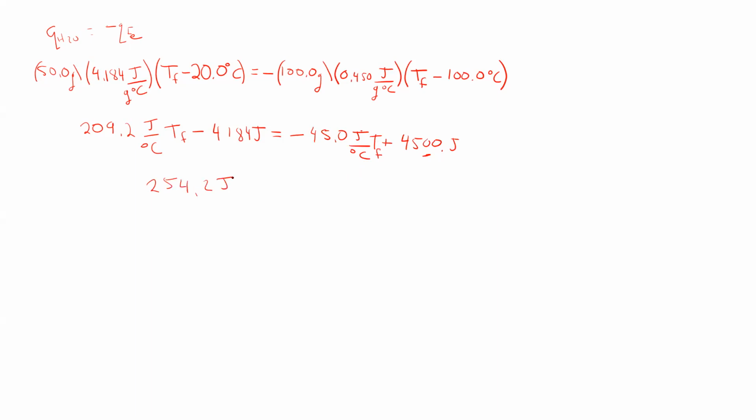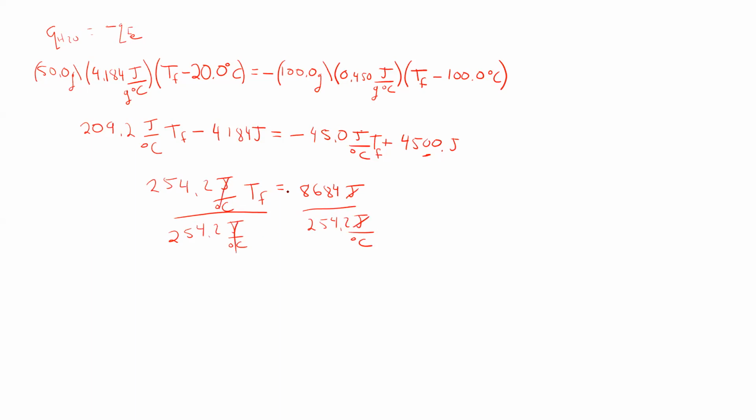254.2 joules per degree C times TF is equal to 8,684 joules. Okay, just math-wise, if we divide each side by 254.2 joules per degree Celsius, our joules are going to cancel.